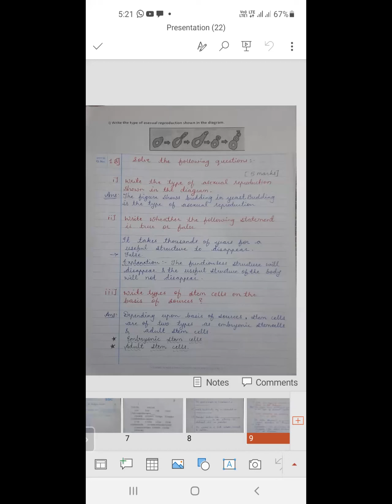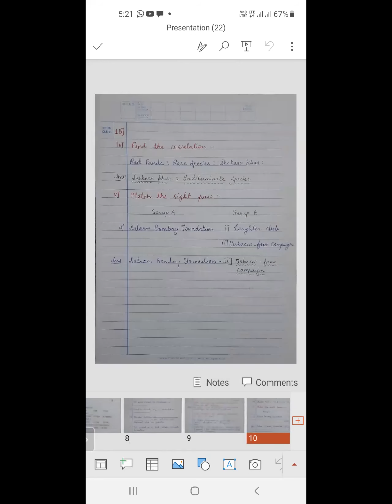Next question is the fourth one. What is the fourth question? Find the correlation. The correlation is between red panda, which is a rare species, and Shekrukar.